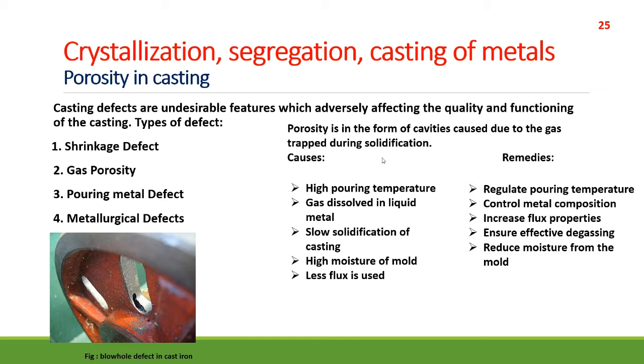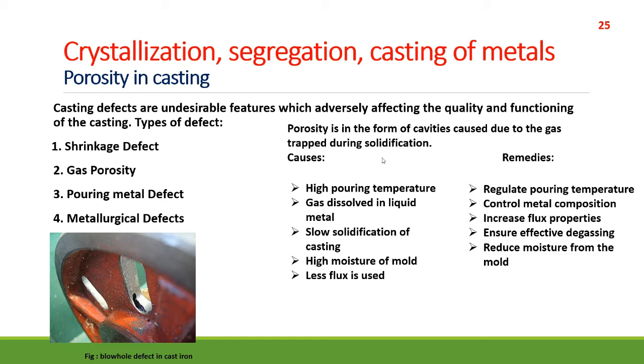There should be a good separation between them. Otherwise, there is a high chance that air can enter the system, and if there is air in the system, that means porosity will come into play.